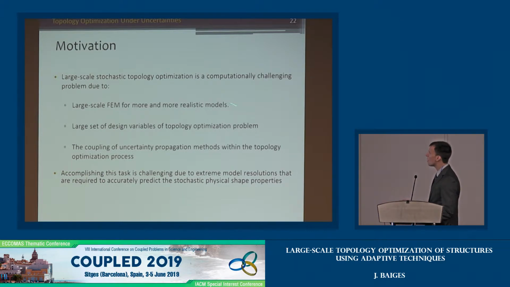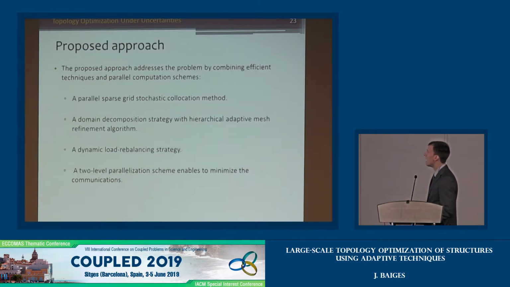So if we want to take all of this into account, we need some tools in order to deal with this. And in our group, we have been working on a series of ingredients which allow us to deal with this type of problems. So the approach that we propose is based on three ingredients. The first one is a parallel sparse grid stochastic collocation method, which will allow us to integrate over the probabilistic space.